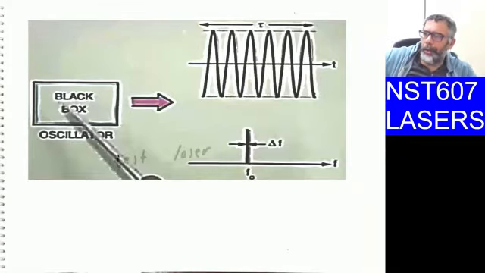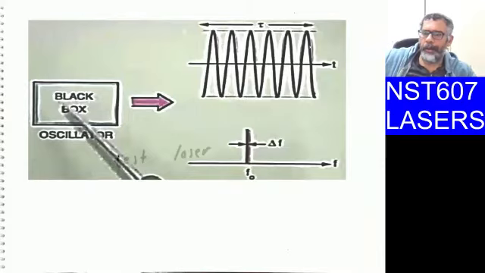So this oscillator produces a pure sinusoidal signal. What I mean by a pure sinusoidal signal is that, when you look at this picture, the signal is a perfect wave with a fixed amplitude, coming and going infinitely.